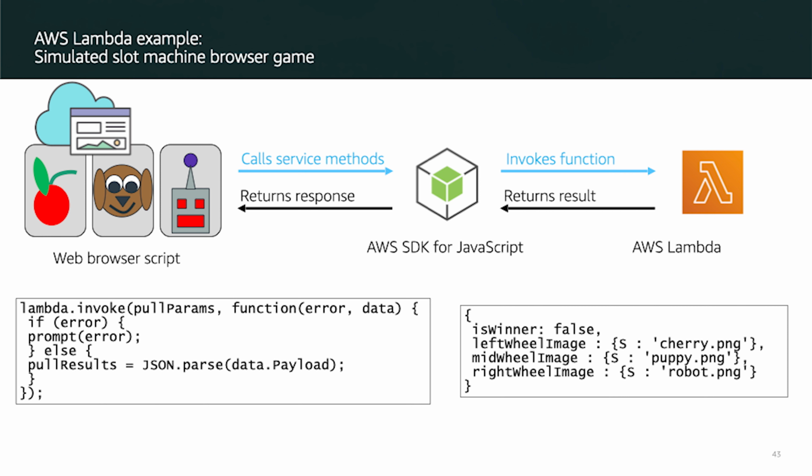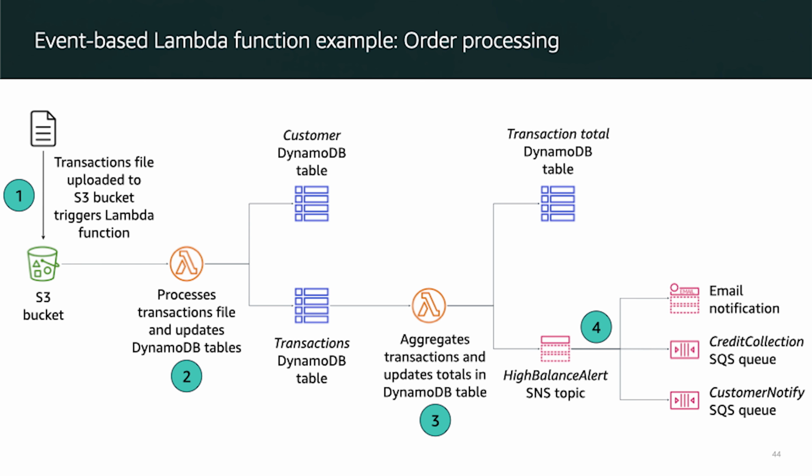So in this example, we show how Lambda can be used in the solution for order processing. A customer uploads a transactions file to an S3 bucket, which triggers the running of a Lambda function. A Lambda function processes the transaction file and updates the customer and transactions DynamoDB table.